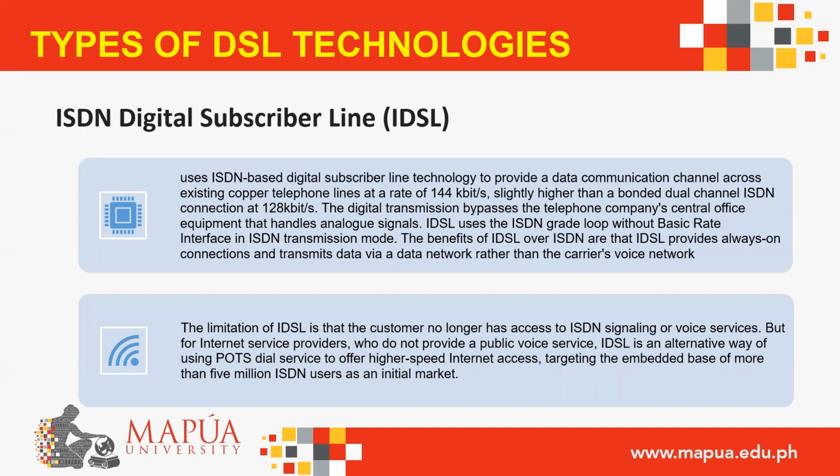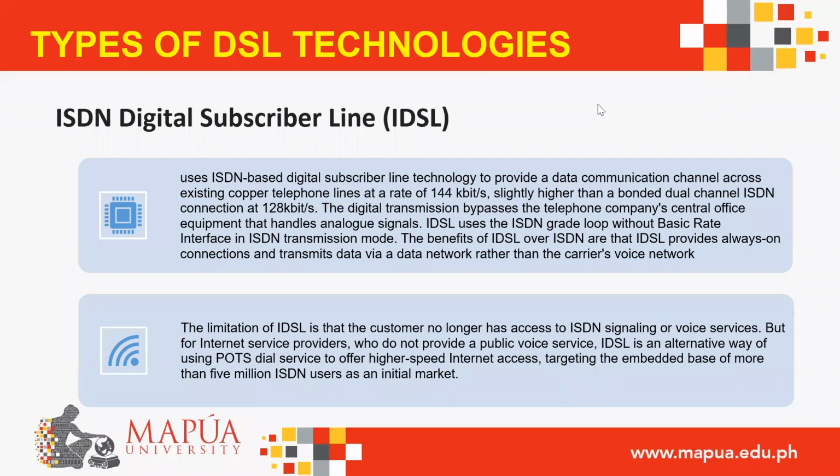ISDN Digital Subscriber Line, or what we call IDSL. This uses ISDN-based digital subscriber line technology to provide a data communication channel across existing copper telephone line at a rate of 144 kbit/s, slightly higher than bonded dual channel ISDN connection at 128 kbit/s.